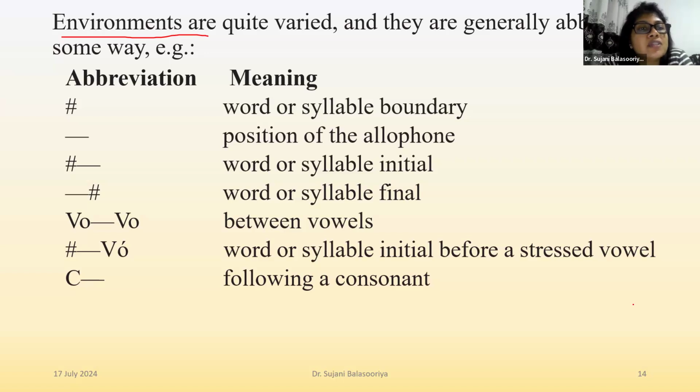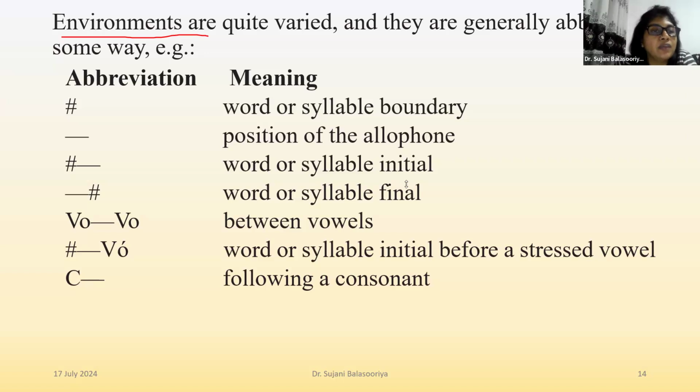So here I was talking about these environments, some abbreviations of these environments. Just have some understanding about how to use these abbreviations differently when you write phonemic rules. Together with the meaning, you can find some commonly used abbreviations here.